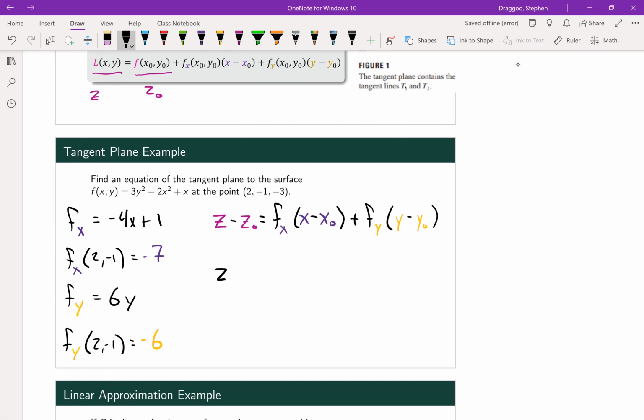We'll have z minus -3, so z plus 3, is equal to f partial x at our point, which is -7, times x minus 2, plus f partial y, which is -6, times y minus -1. So y plus 1 ends up in there.